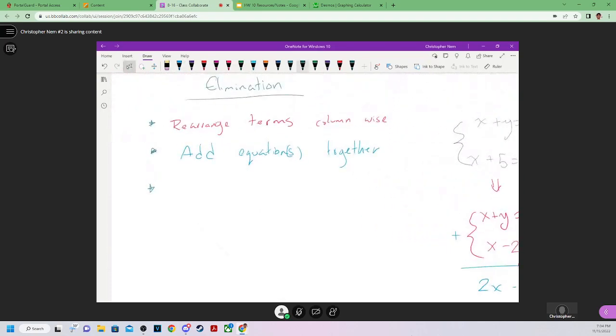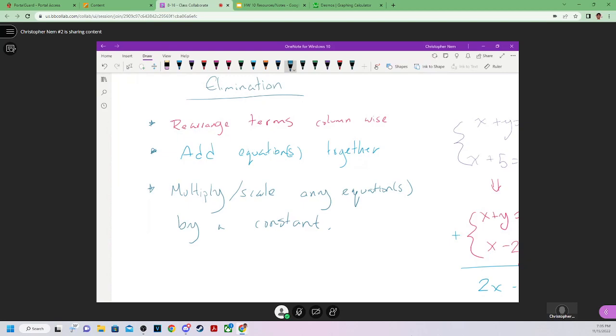And then the final thing that we're going to work with is that we can multiply, and I'm going to use a big word, scale any equation by a constant. Now, I put the s after equation because, again, you can add or scale any number of equations.